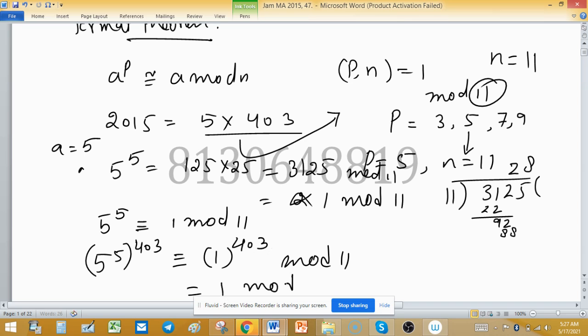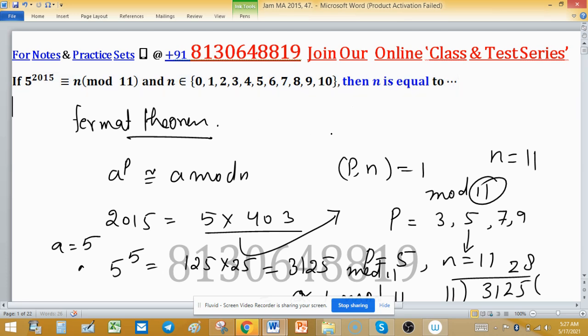So it will be 1 mod 11. This implies that 5 raised to the power 2015 is congruent to 1 mod 11. So the value of n is 1, and we used Fermat's theorem to find it.